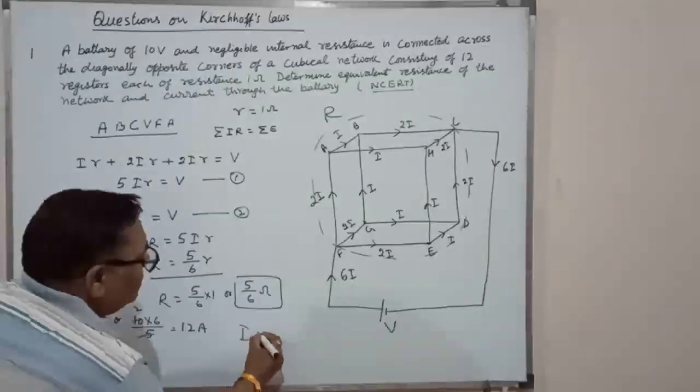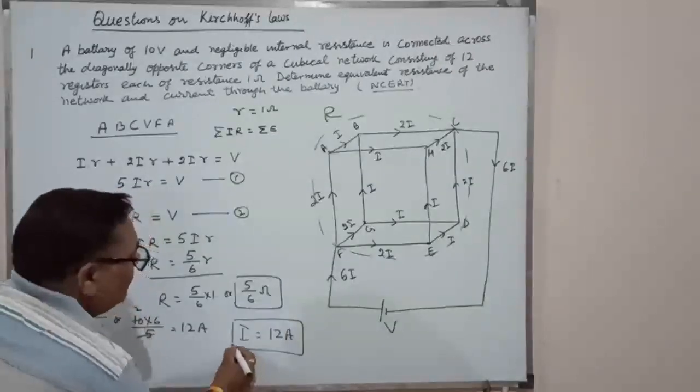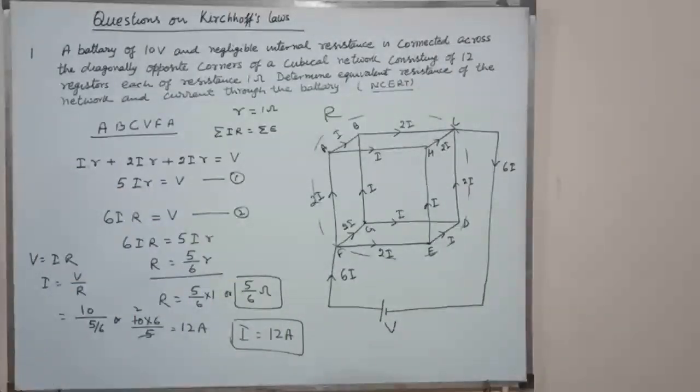Then the current through the circuit is 12 ampere. This is our answer. Clear?